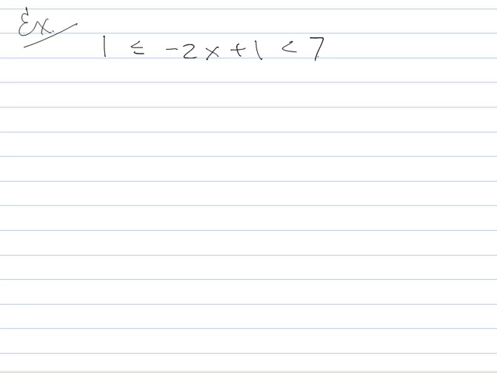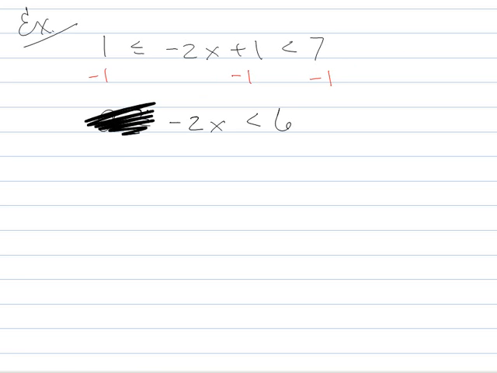Remember, we cross off one side. We'll subtract 1 off of all 3 sides and get 0 less than or equal to -2x less than 6.